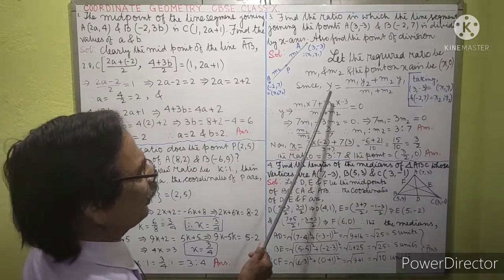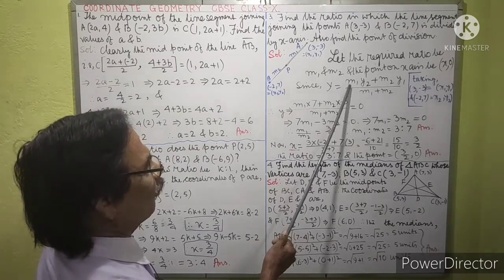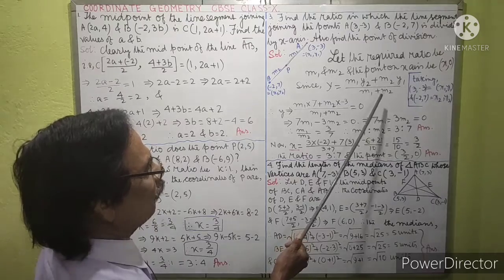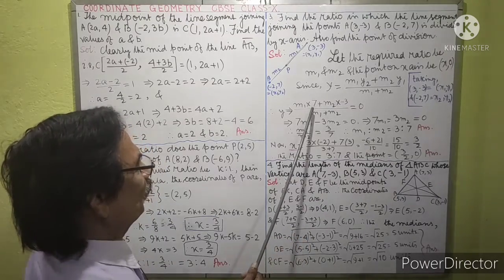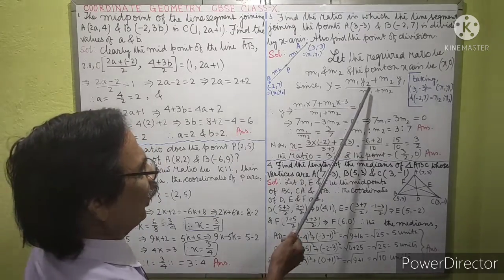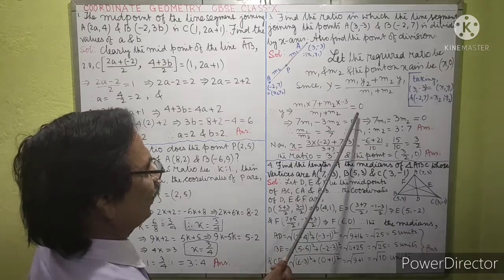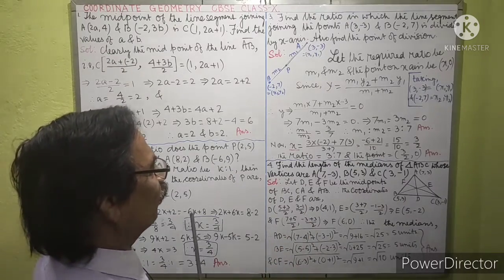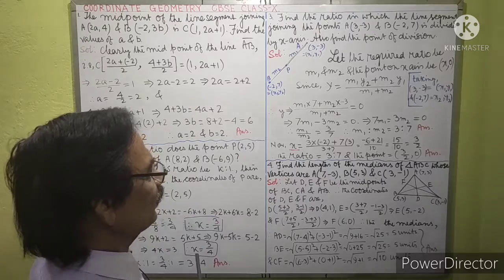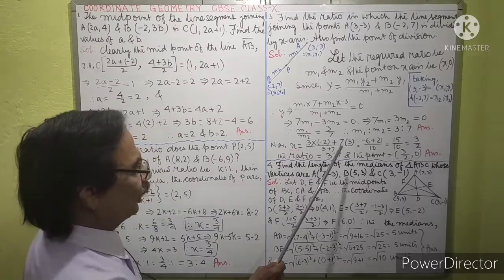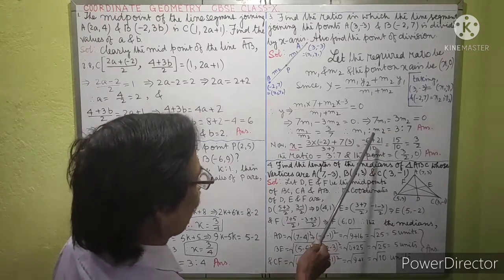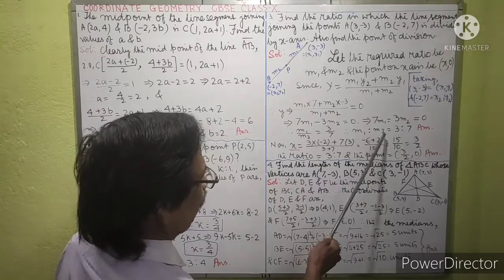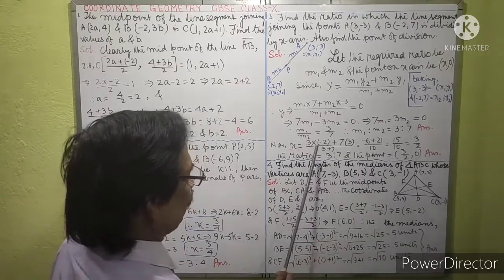Therefore y equals, we know, (m1 y2 plus m2 y1) by (m1 plus m2). Putting the values of y2 and y1, we get 0, because the value of y on the x-axis is 0, and we get m1 is to m2 equals 3 is to 7.